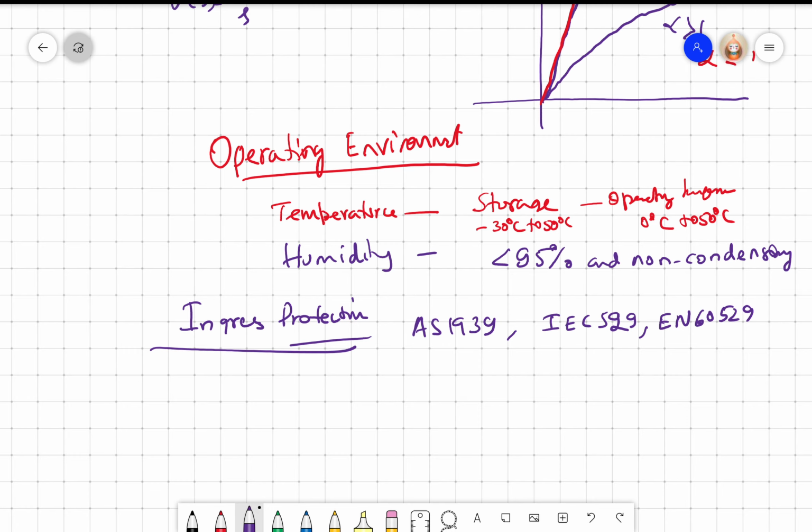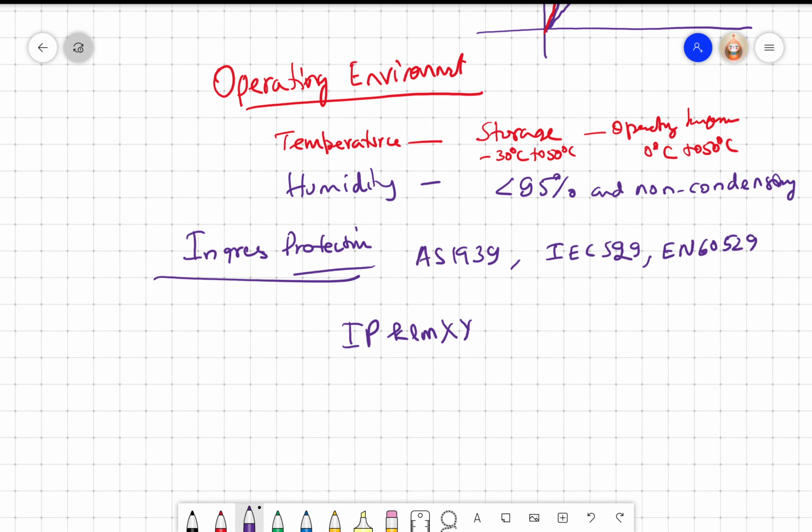So in the past, the IP class of the transducer was given as IP, ingress protection, K, L, M, X and Y, right?